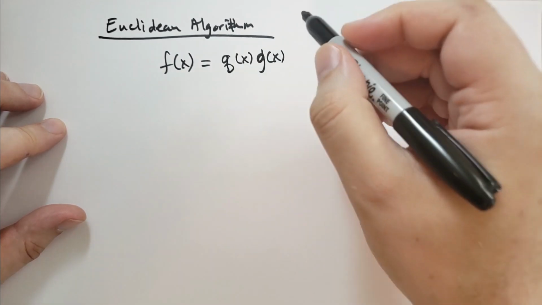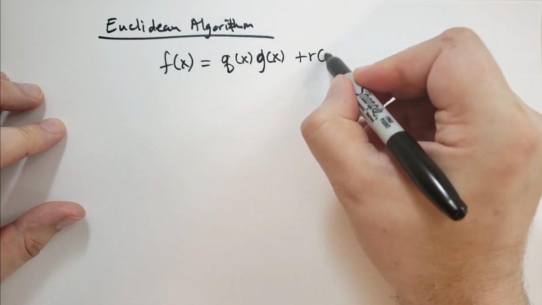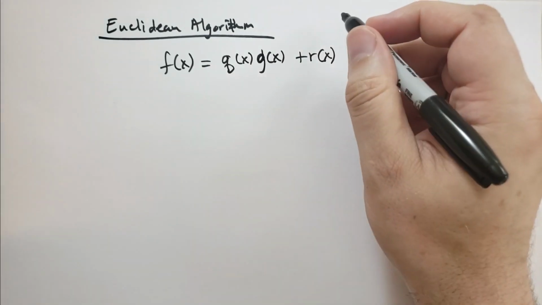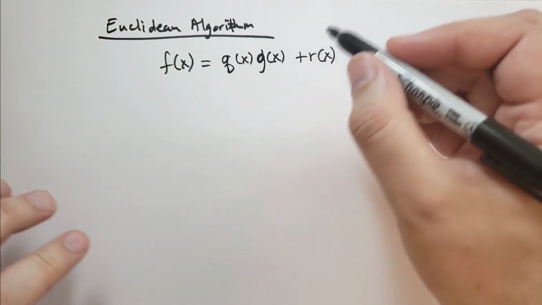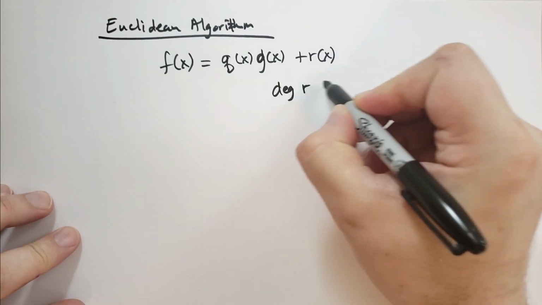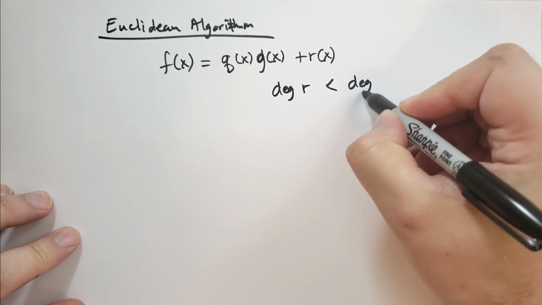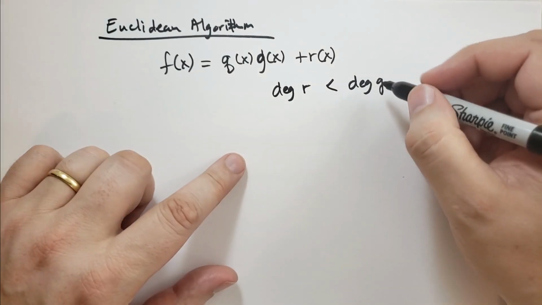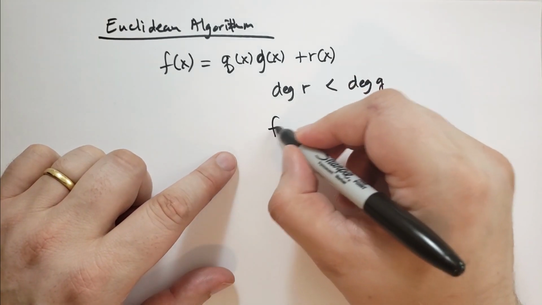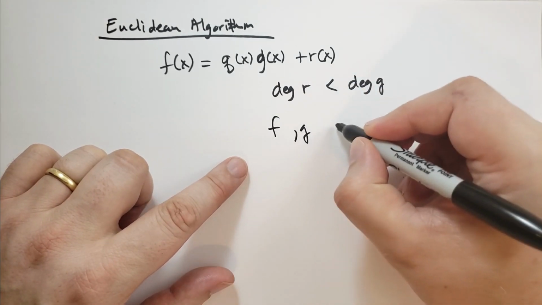I was going to use d for the divisor, and then you have the remainder r of x. There are polynomials q and r, so the degree of r is going to be less than the degree of g. Also, g must be non-zero.